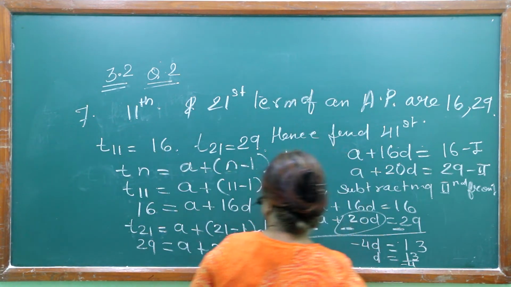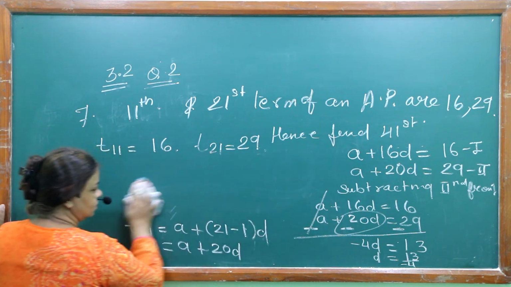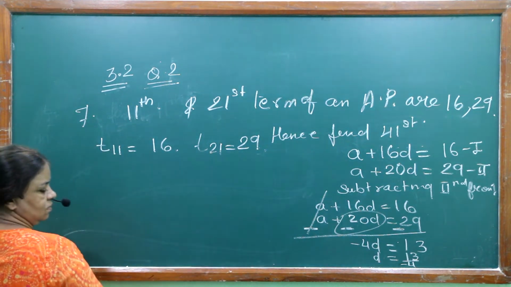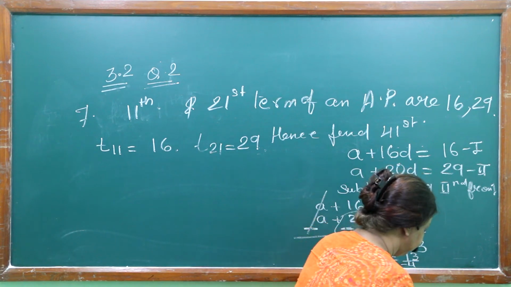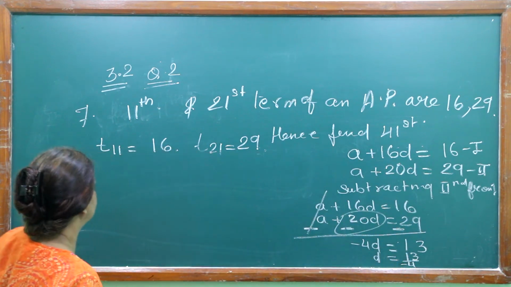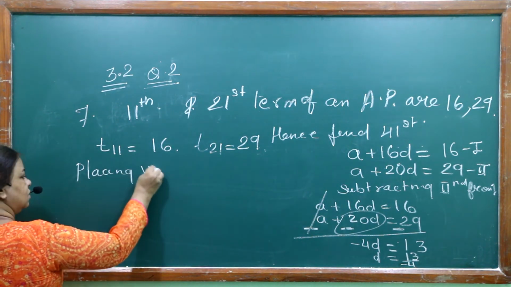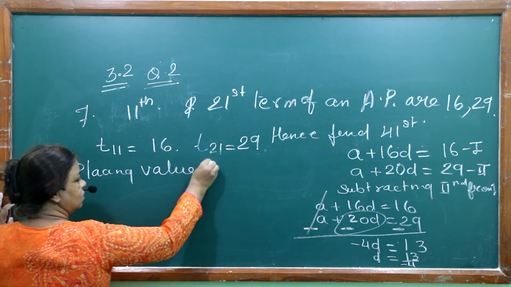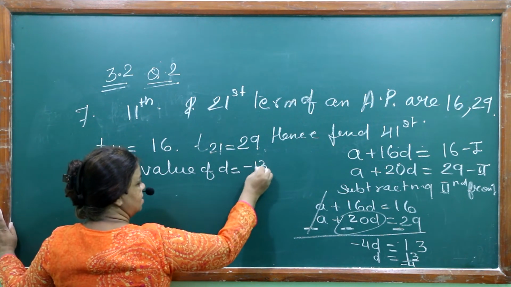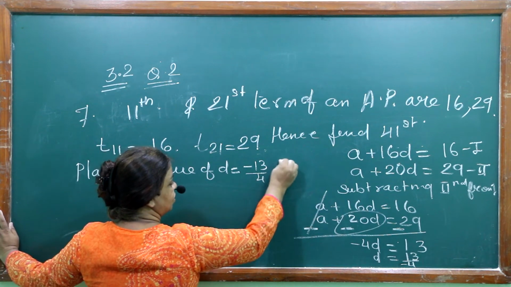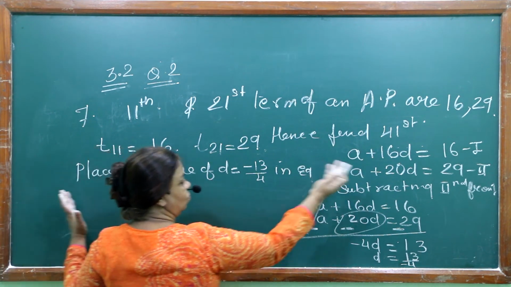Let me rub from here. What do I get? Placing value of d is equal to minus 13 upon 4 in equation 1 or 2.